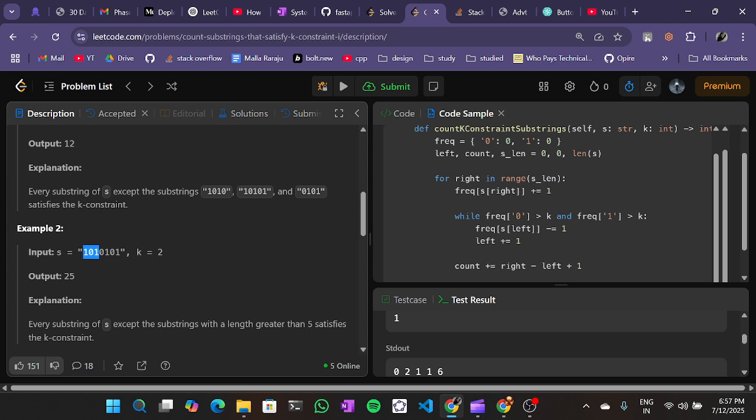And frequency of zero is greater than k. Nice. Interesting.